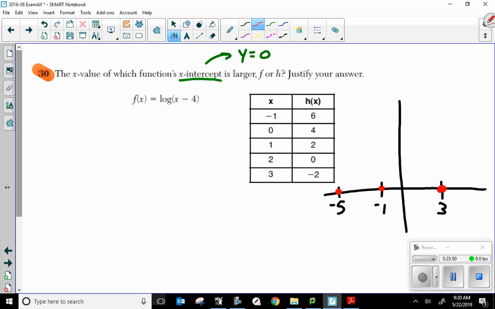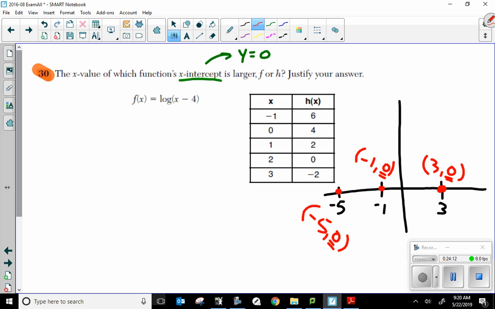If I want to know the coordinates of each of those, this is at 3, 0. The middle one would be at -1, 0. This one on the left would be -5, 0. These are x-intercepts because in order to be on the x-axis, the y value has to be 0. Let's first establish that.